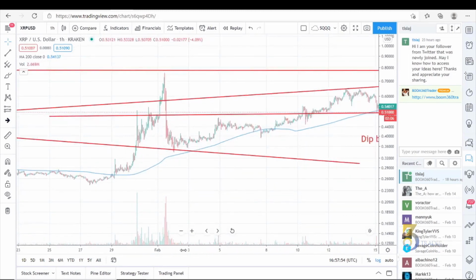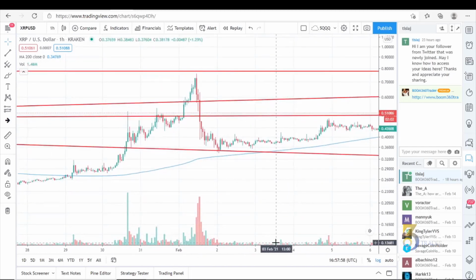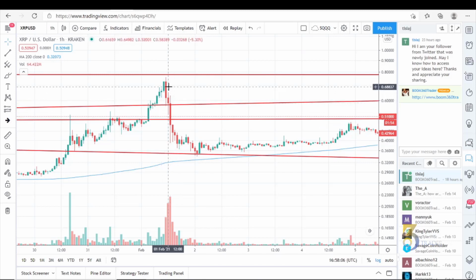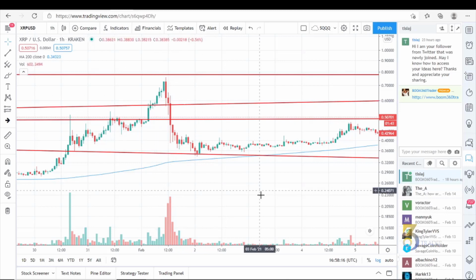So here's the 1 February time frame. Look at this destruction. Absolute destruction. On the daily, this shows up as a massive upper wick, showing the drastic amount of sellers that stepped in and dropped this bad boy down.